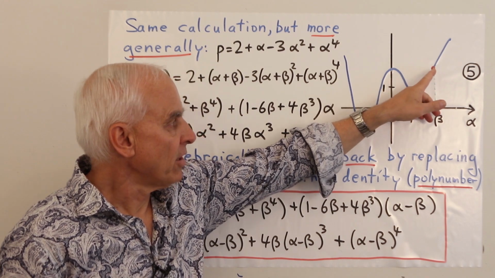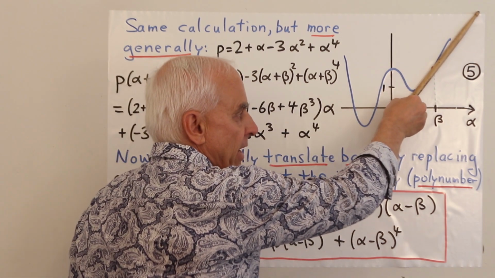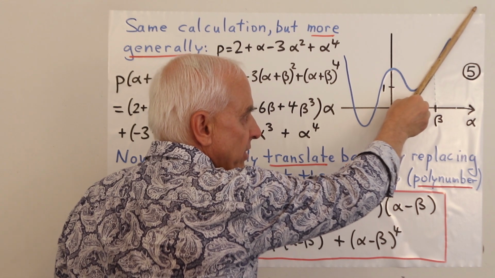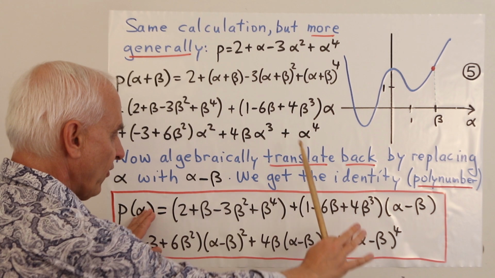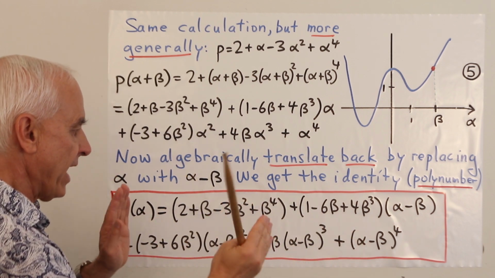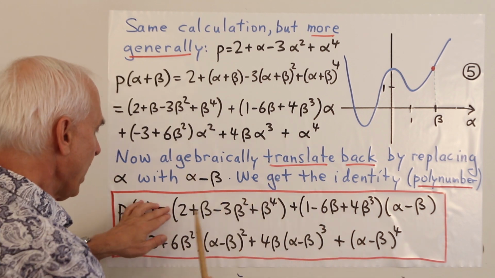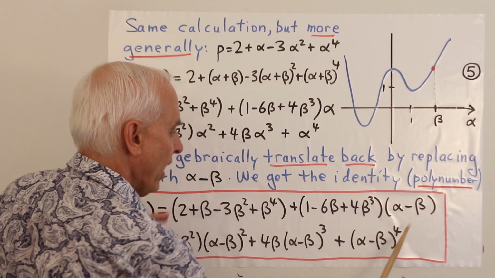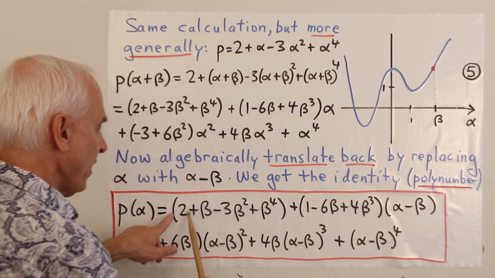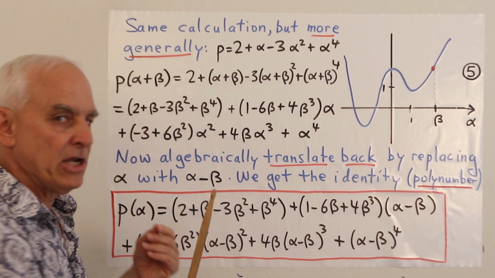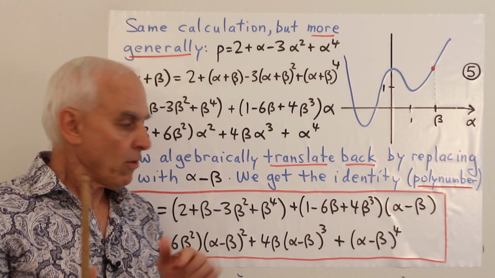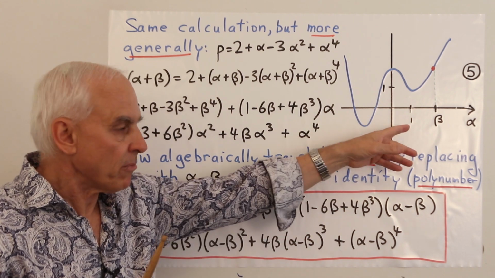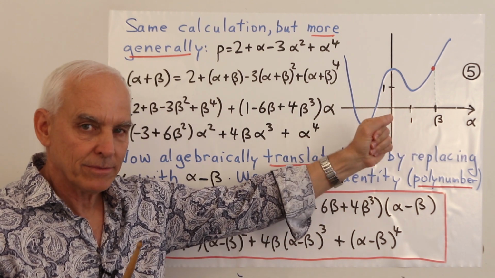So if we want to know what is the tangent line to the original curve at that point, this line right here, we just look at this and say, okay, the linear part, we're truncating to degree 1. That would be just this plus this, and all of this would be removed. And then this here is a linear equation in alpha. It's a linear polynumber in alpha with the coefficients that depend on beta, the point that we're talking about.